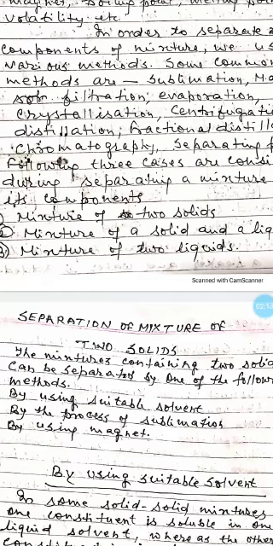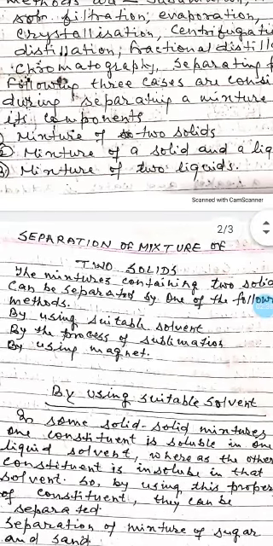As we know, solids have a property to dissolve in a liquid or not. So, on the basis of their solubility or insolubility, we use suitable solvent to separate the solid components.